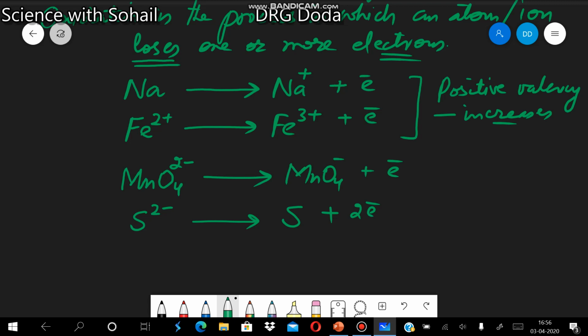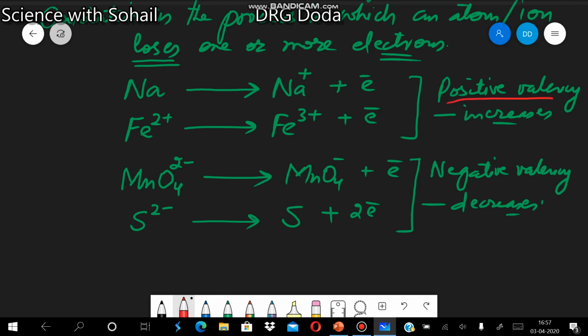So loss of electrons again, so we can call it as oxidation. In these two cases now, we can see that there was negative valency and this negative valency decreases. So as a result of oxidation, we can see that the positive valency increases while the negative valency of a substance decreases.